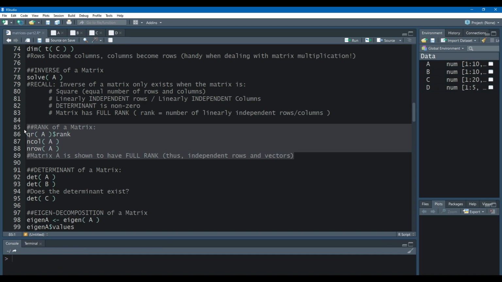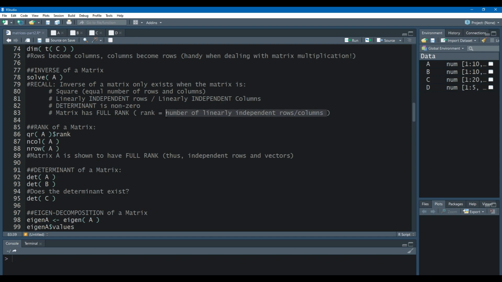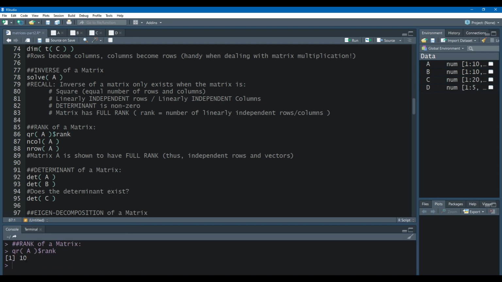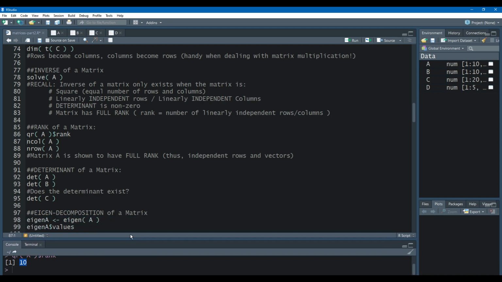Now let's determine the rank of a matrix. And the rank, again, if you look back up here, describes the number of linearly independent rows and columns. So if we have a matrix of full rank, it means that this number that we get, and this is again with respect to matrix A, it has 10. How many columns does A have? It has 10 columns. How many rows does A have?